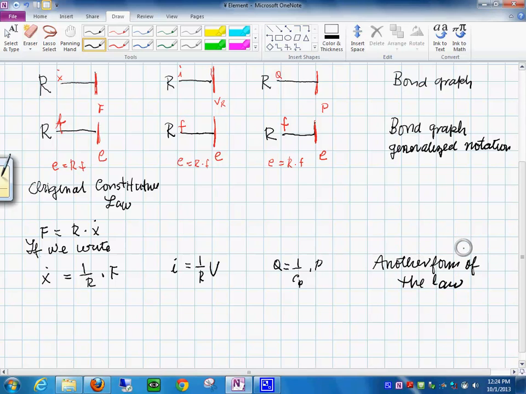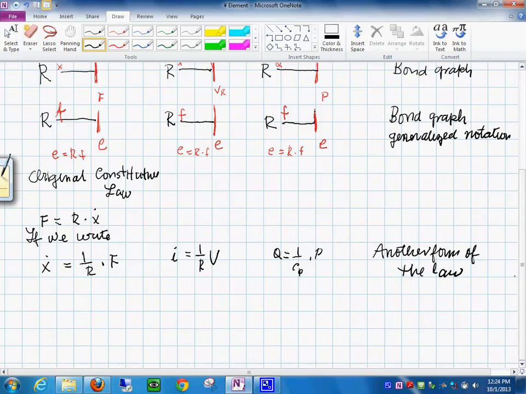What are the consequences for the block diagrams or for the bond graphs? In particular, I am interested that you grasp the concept of what changes on the bond graph model. So let's do that first. In this case, this is the bond graph. You see the output of this is now this X dot, so that suggests that the input is F or E. So you see what happened?